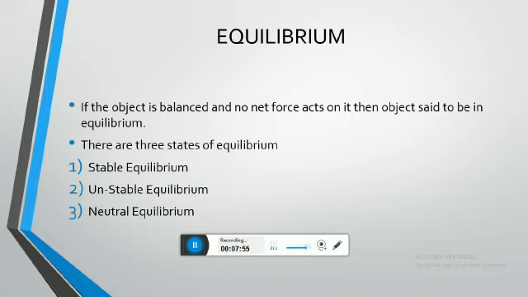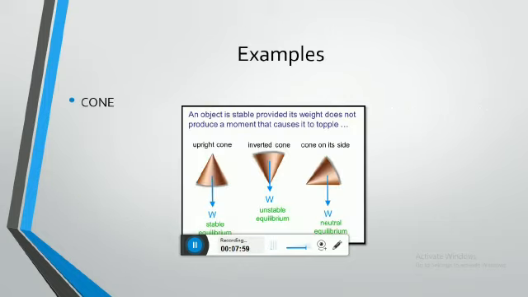So let's discuss the example of a cone, through which we can understand stable, unstable and neutral equilibrium. An object is stable provided its weight does not produce a moment that causes it to topple.